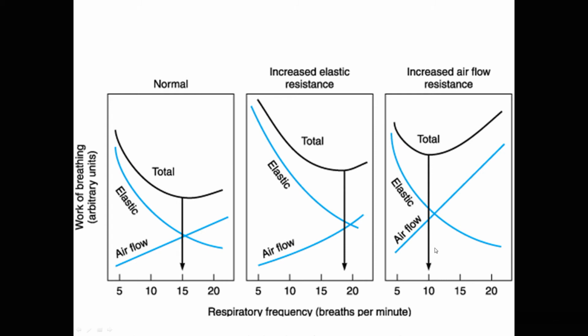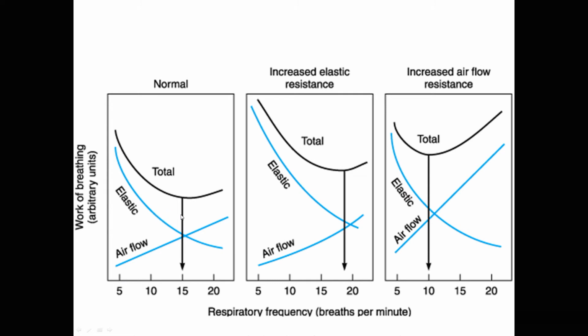There are two components of the work of breathing: the elastic forces, illustrated by this curve, and the resistance to airflow. They are affected in opposite ways by changes in the frequency of breathing. Let me note that a constant minute ventilation can be achieved through multiple combinations of respiratory rate and tidal volume.